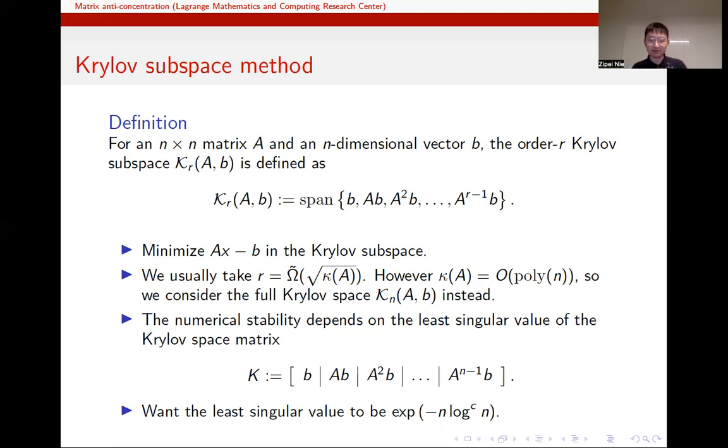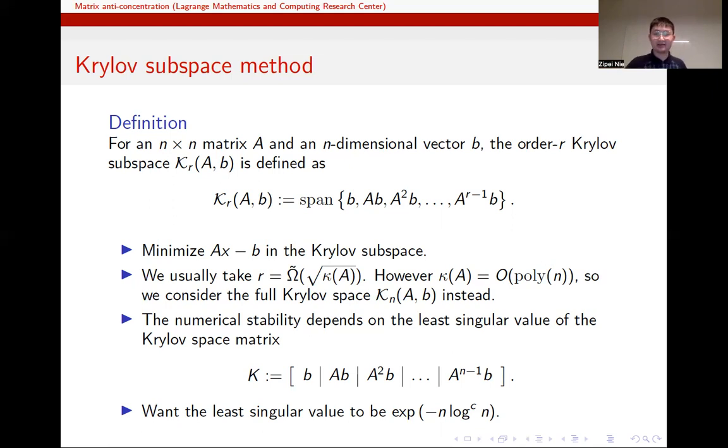But there's a problem with the Krylov subspace matrix, which is that the least singular value of that matrix is quite small. Suppose that A has eigenvalues 1, 2, 3, then A to the kth power has eigenvalues 1, 2 to the kth power, and 3 to the kth power, and the eigenvectors stay the same.